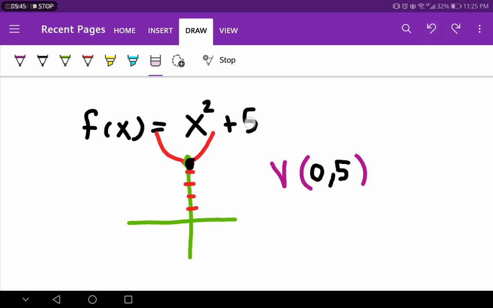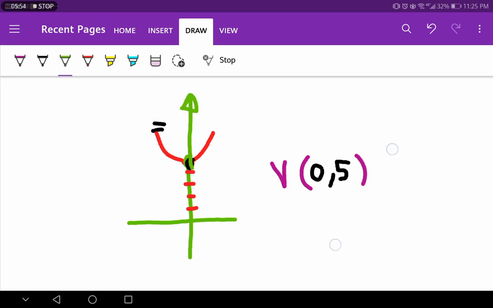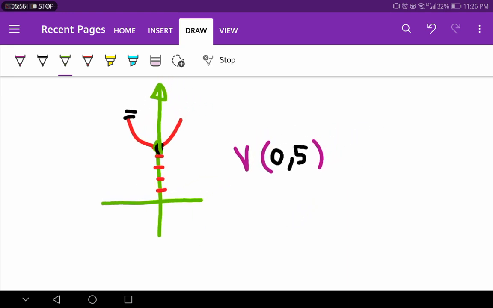Okay, and I will explain what is the axis of symmetry, or the vertical line.